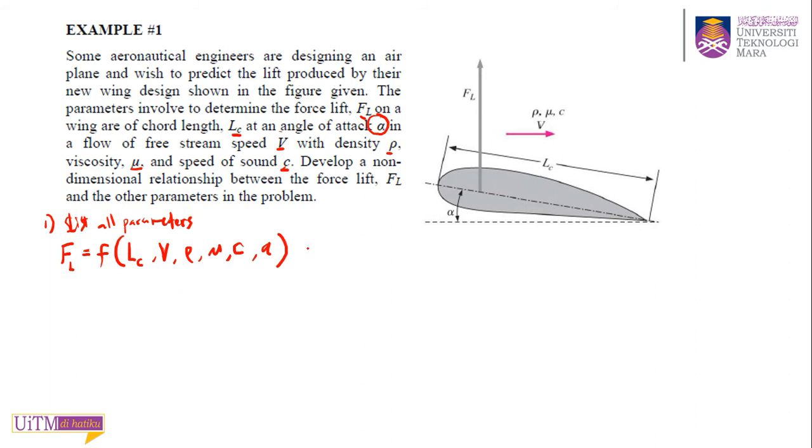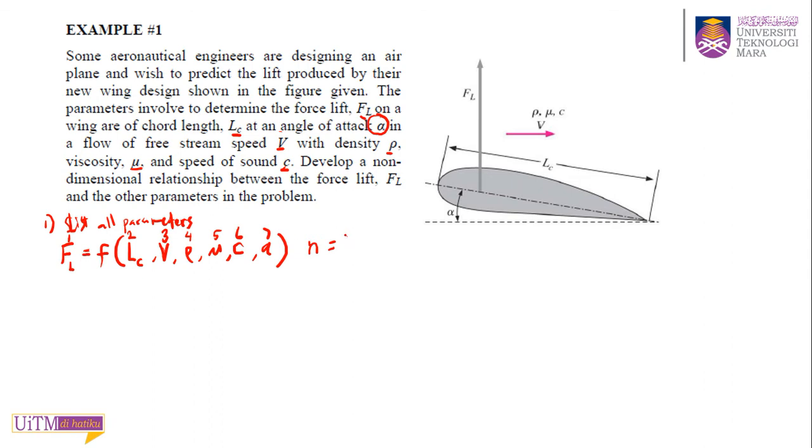Okay, what is the number n here? The number of parameters. Seven, sir. Okay, so 1, 2, 3, 4, 5, 6, 7.